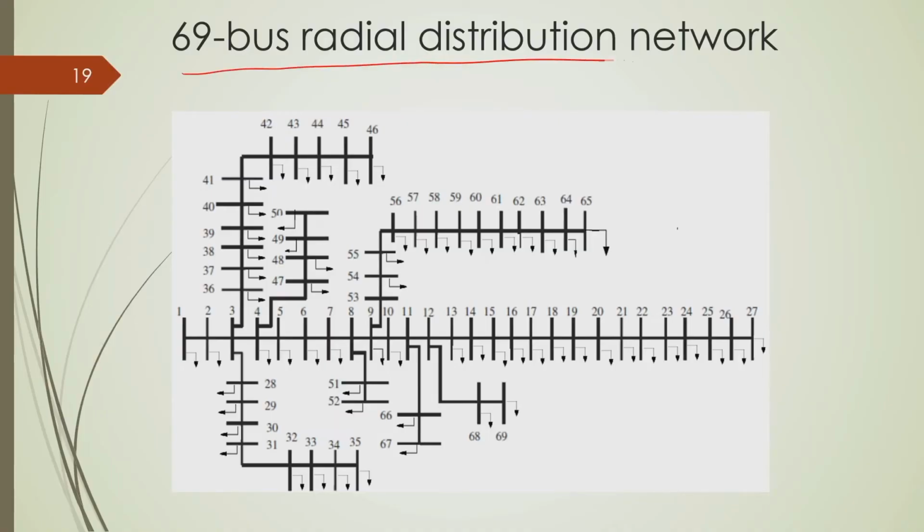Now, I have some results for different distribution network data. The first data that I want to present is the 69 bus or 69 node radial distribution network. Here we have one feeder. If you look at this network, this is a single feeder network, and it is called a 69 bus or 69 node distribution network because we have 69 nodes, or buses, here.